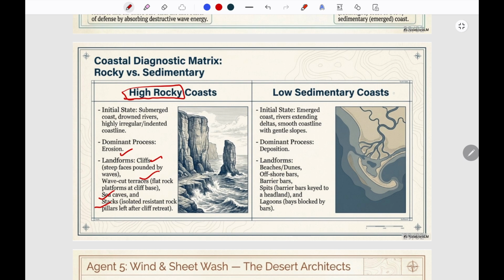And the coasts which have sedimentary rocks and low structure are dominated by the depositional processes. Here structures like beaches, dunes, barrier reefs, spits, lagoons are found in majority.